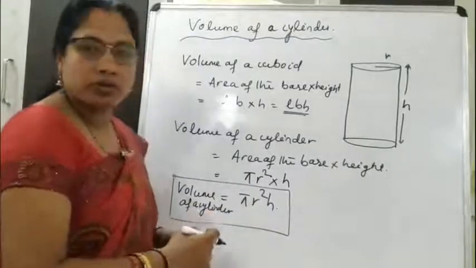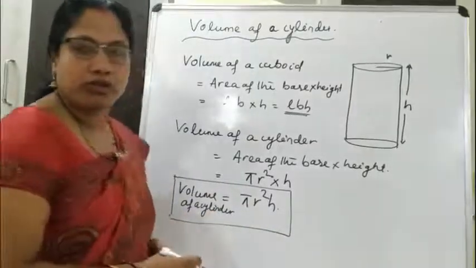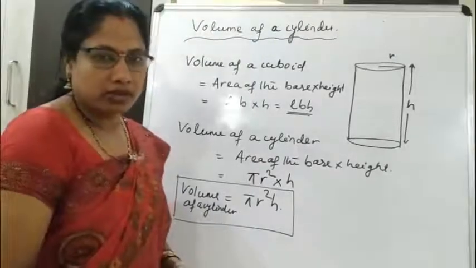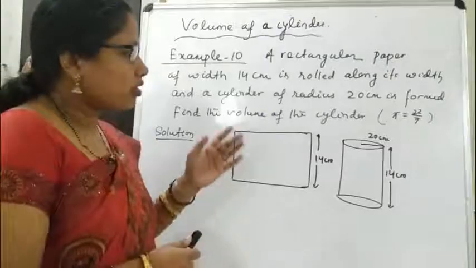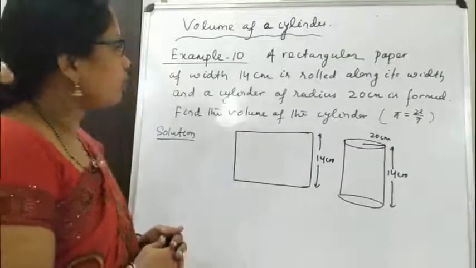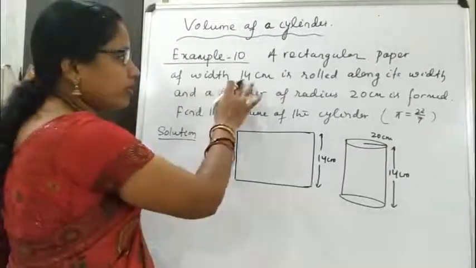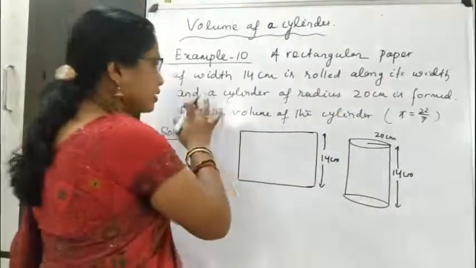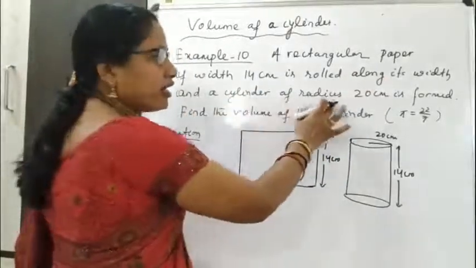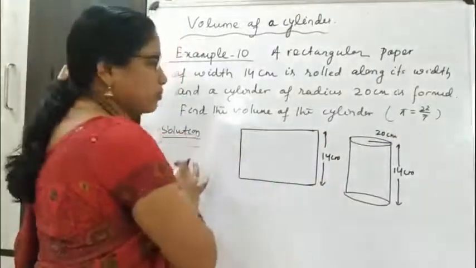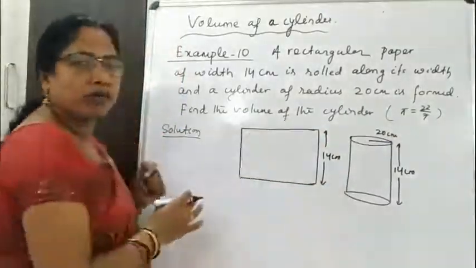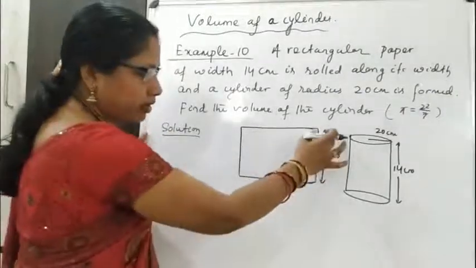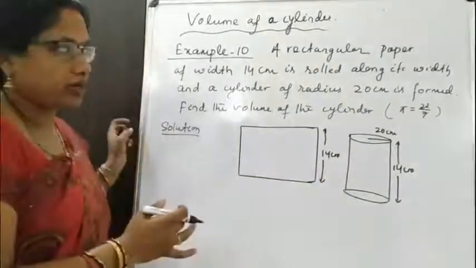So let us solve some examples by using the volume formula of a cylinder, that is pi r square h. Let us solve this example. A rectangular paper of width 14 cm is rolled along its width and a cylinder of radius 20 cm is formed. Find the volume of the cylinder. This is the rectangular sheet of paper having width 14 cm.